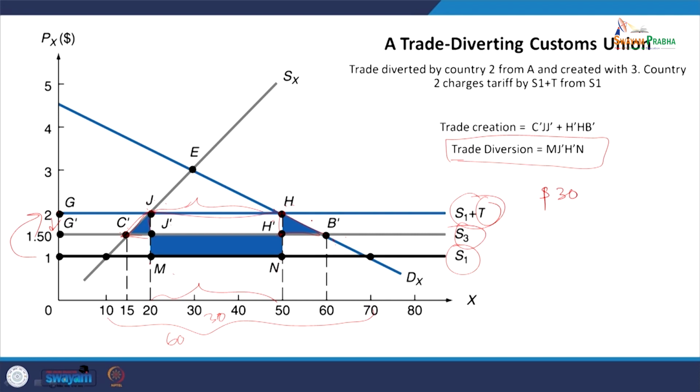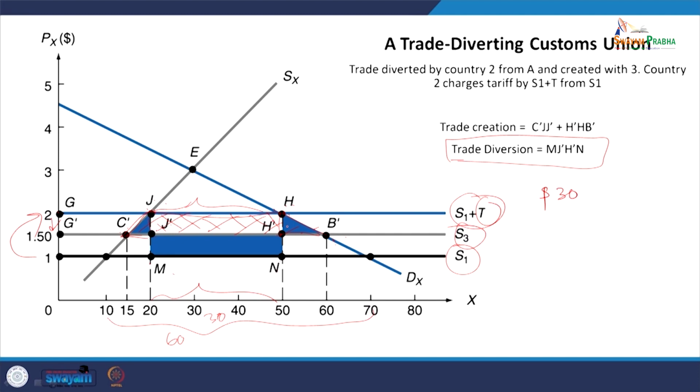I mean the country could have earned, after joining the customs union, it created the trade by C prime J H B prime. Out of that, the blank portion highlighted by the rectangle area J prime J H and H prime is the area the government is foregoing or diverting their revenue.